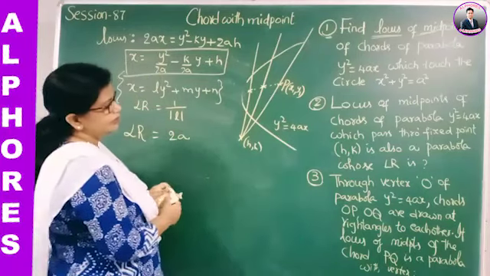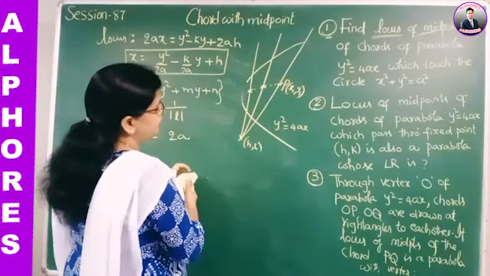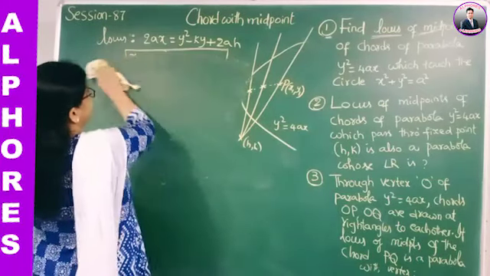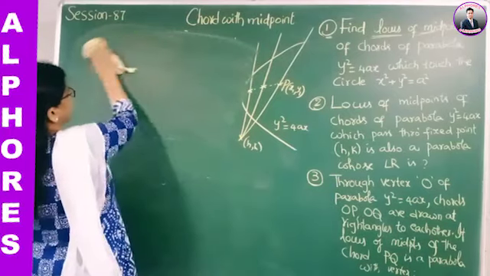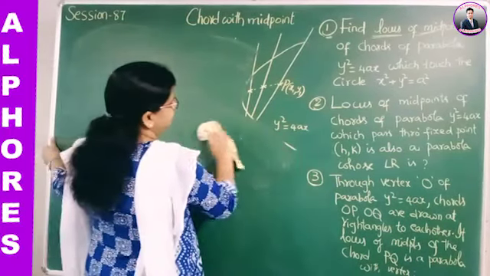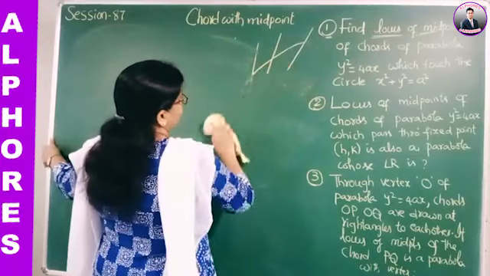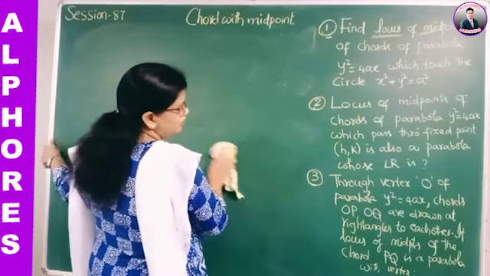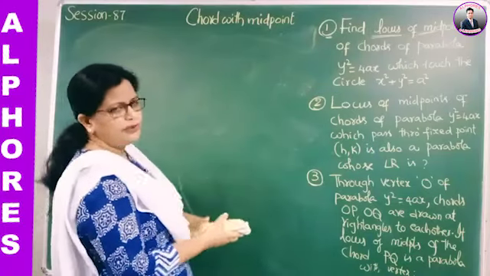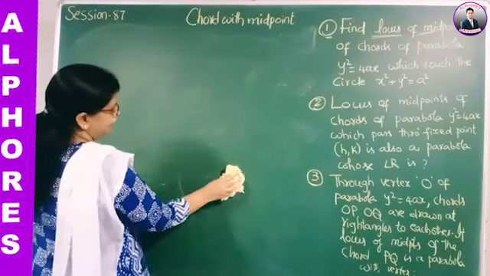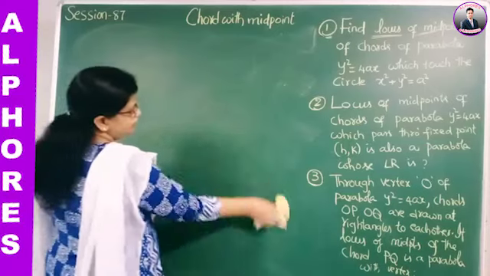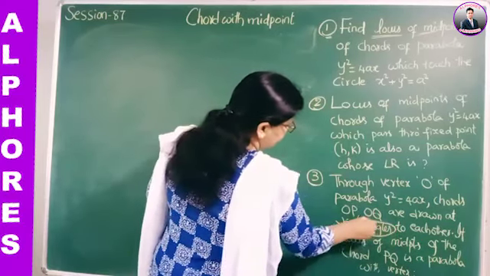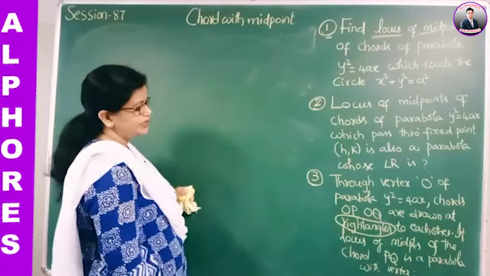Now let us read the third problem. What is the third problem here? Through the vertex, they have changed here. Usually we take the vertex as capital A, and now the vertex is given as O. So through the vertex O, they said two chords are drawn, that is OP and OQ, and the two chords are at right angle to each other.